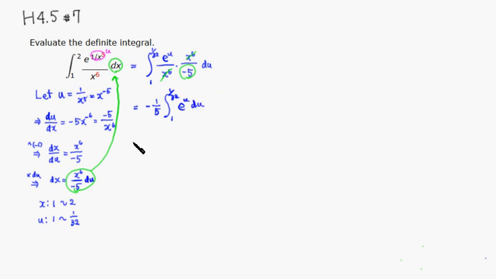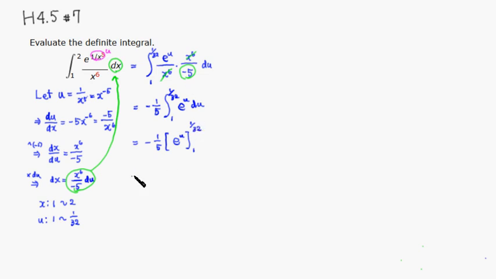Then take the antiderivative. Negative 1/5 is already here, and the antiderivative of e to the u is still e to the u, with lower limit 1 and upper limit 1 over 32.